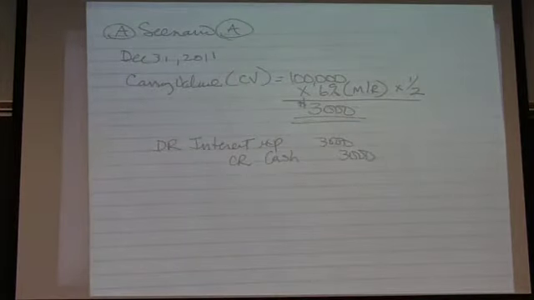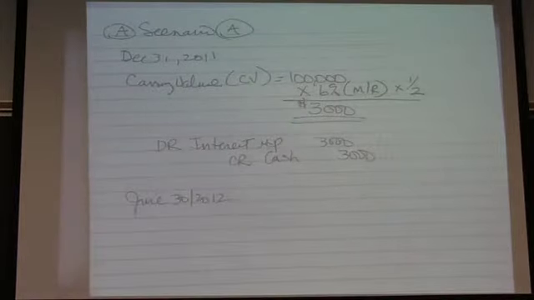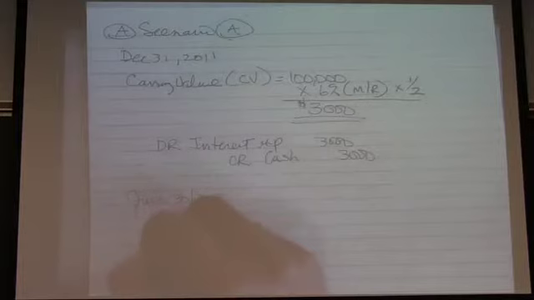Now, let's say we asked you again for June 2012, the next interest payment, right? Again, what is the liability? The carrying value doesn't change because we issued the bond at par, right?